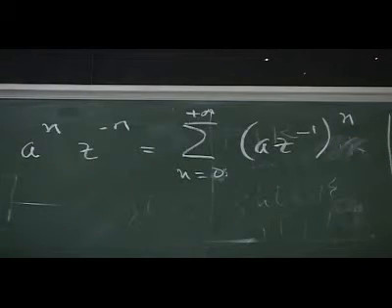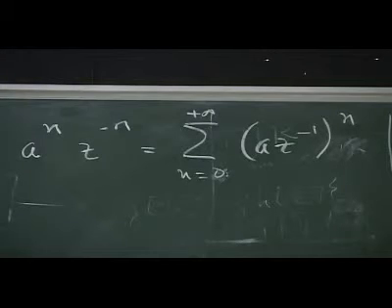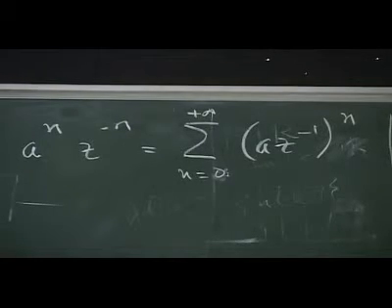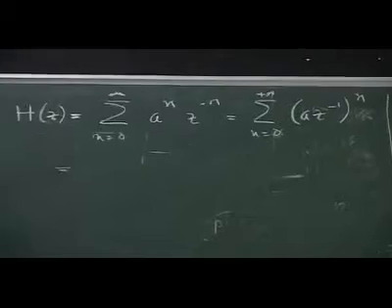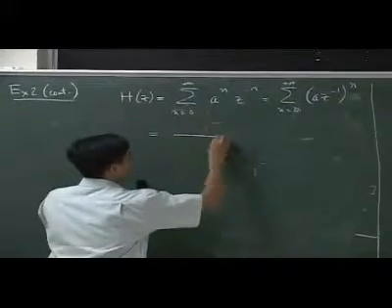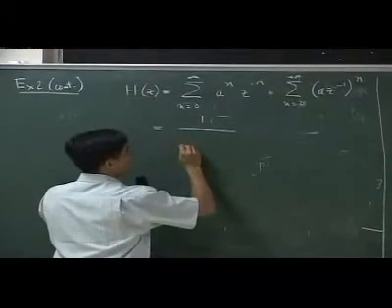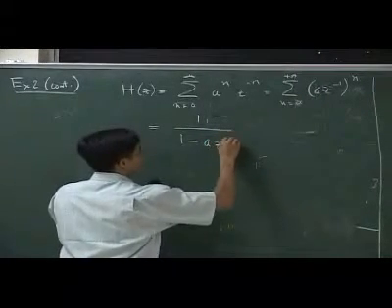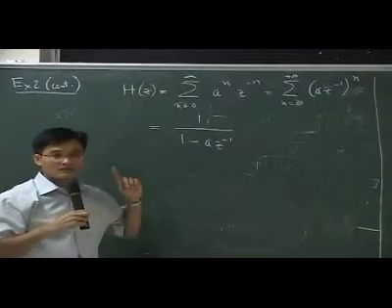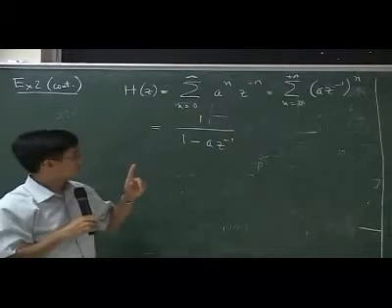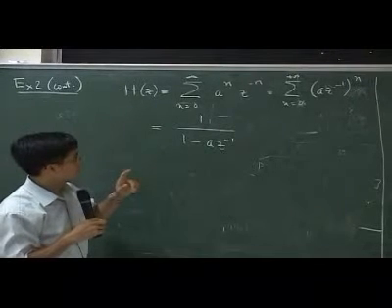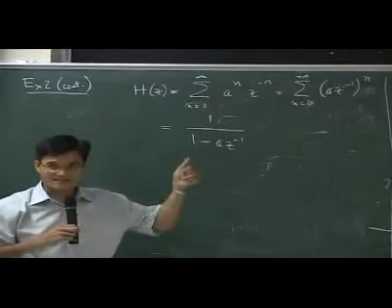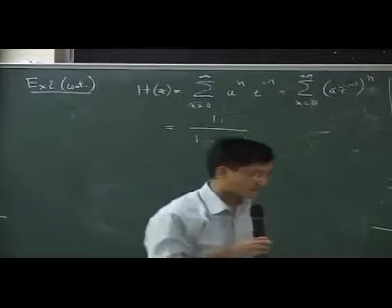And you recognize this is simply a geometric sum, right? So you know that this is going to be equal to 1 over 1 minus a z^-1. Is that okay? There's some condition. Okay, someone already remembers this.